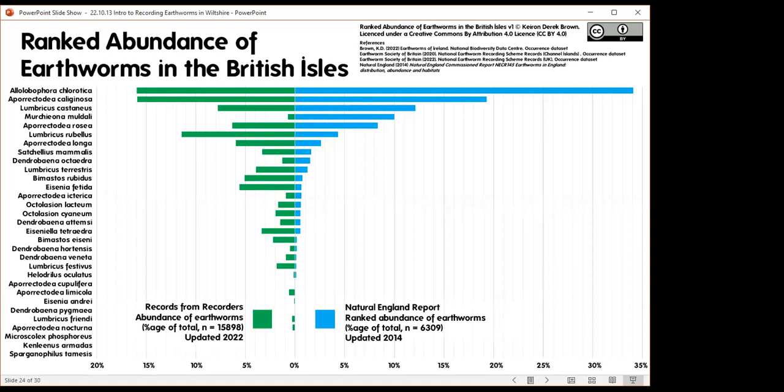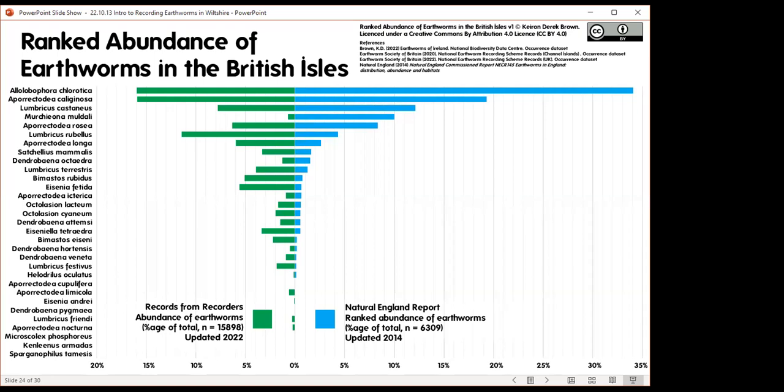When I look at our recorder data, which is much more variable in terms of habitat and sampling method, we can see that the data that we had from the research data maybe doesn't tell us a full picture, because when we've got people going out and looking under logs, looking in compost bins, we're starting to get different data.